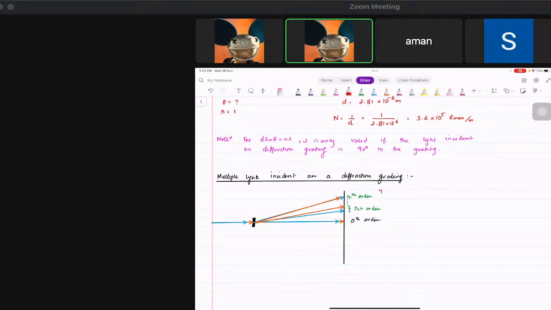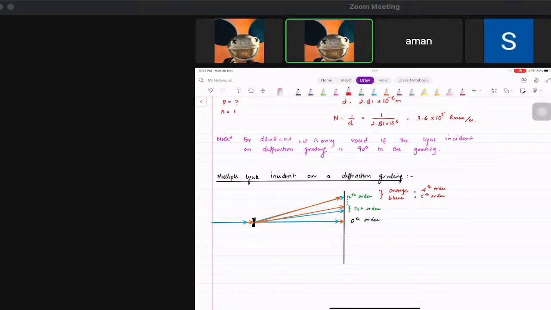In this case, the orange has the 4th order when the blue has the 5th order, because blue diffracts less, so there will be more orders on blue, and they overlap.